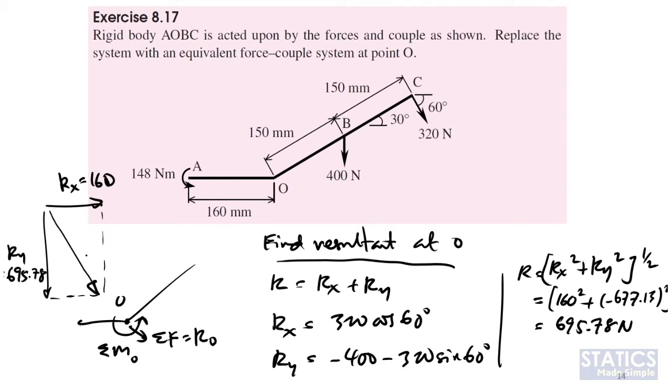So this will be our R, and the angle or direction will depend on us. Let's say I'm taking this as the angle of R. So theta equals tangent inverse of 695.78 over 160.